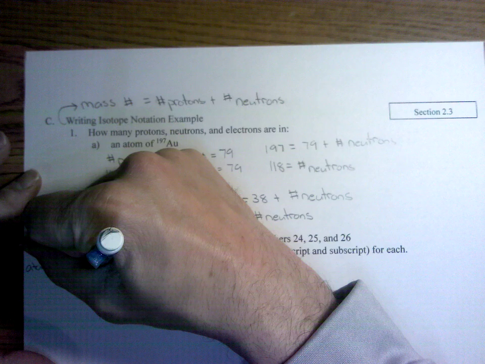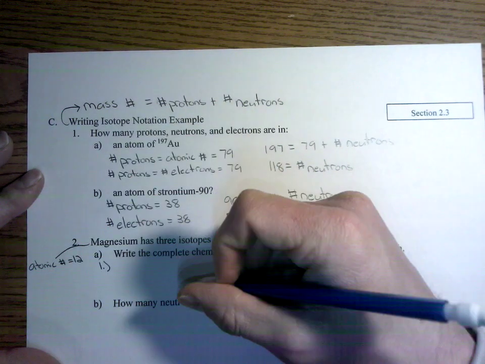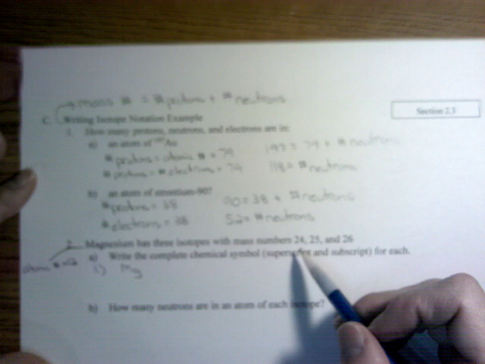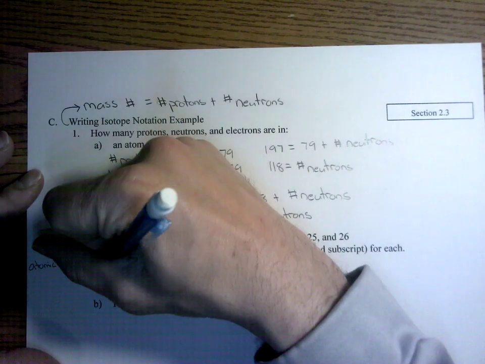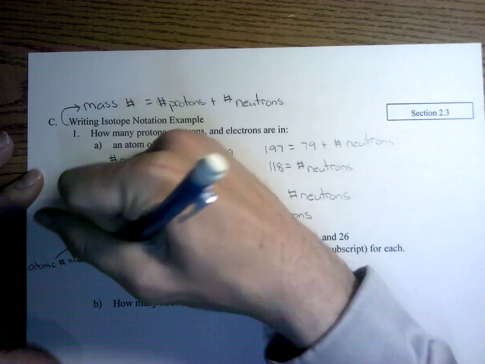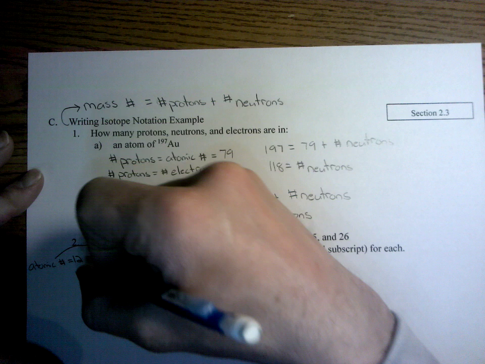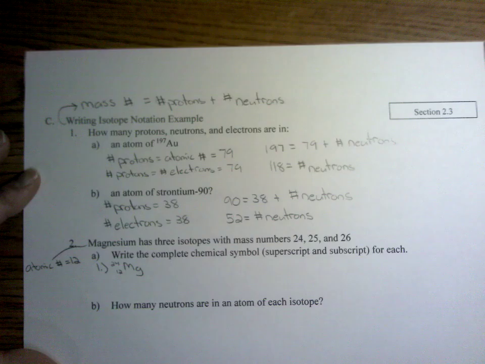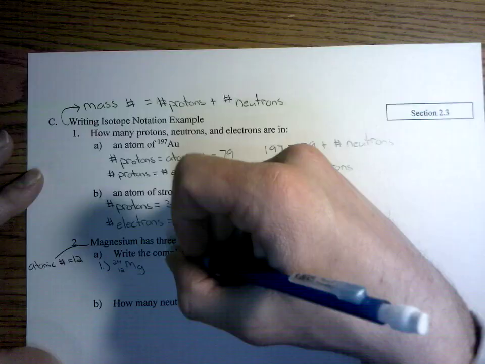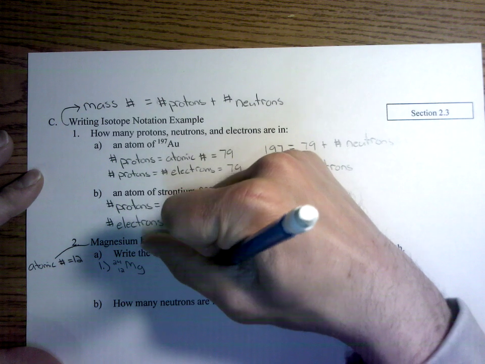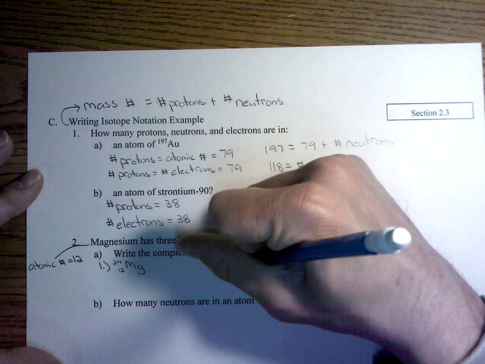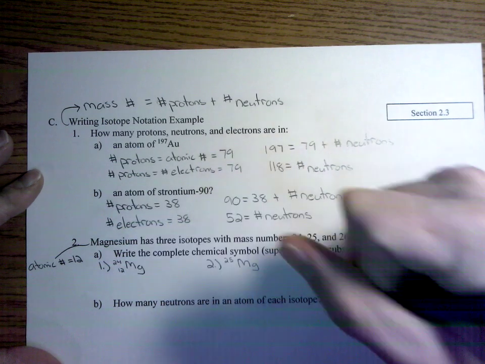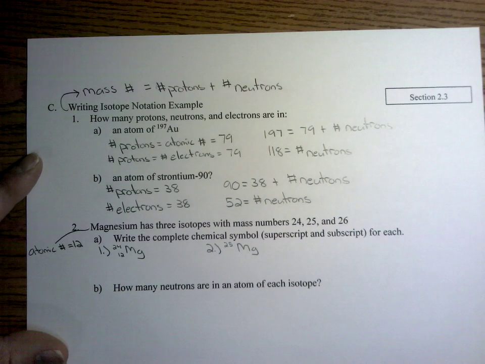So our first isotope with magnesium, I'm just going to write number 1. We're going to write Mg for the symbol. Then in that upper left-hand corner, we are going to write 24 for the mass number, and then 12 as the atomic number or number of protons. We are then going to do the same thing for the isotope with a mass number of 25 written in that upper left-hand corner.